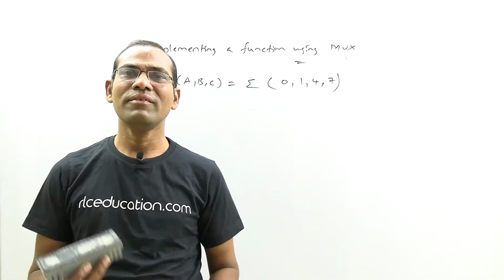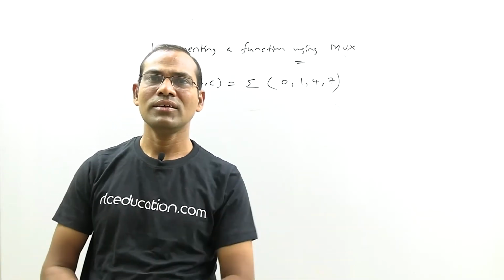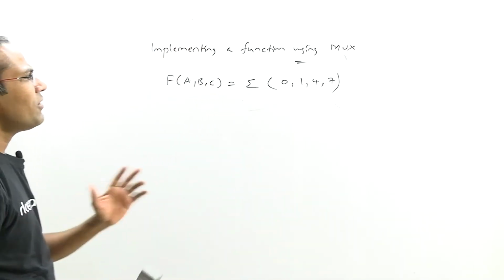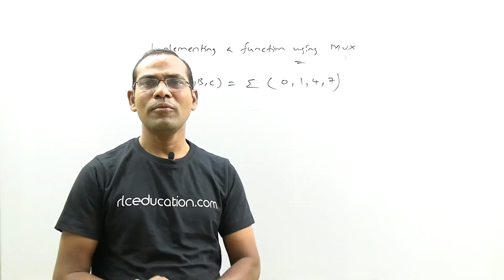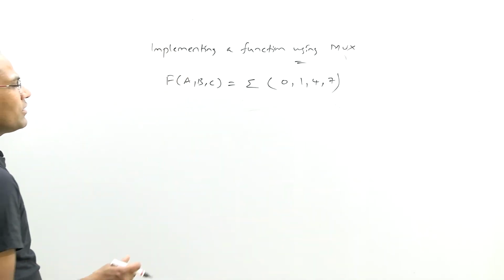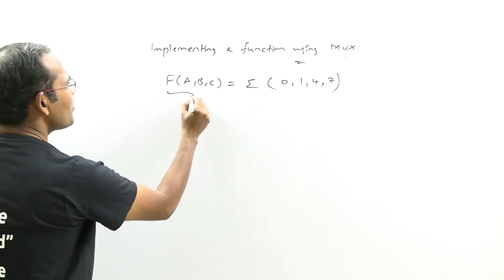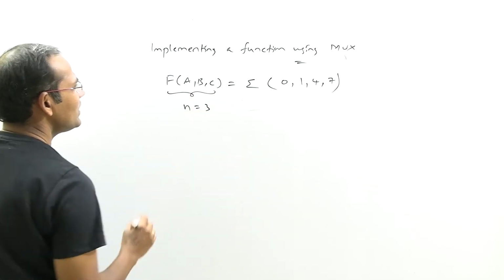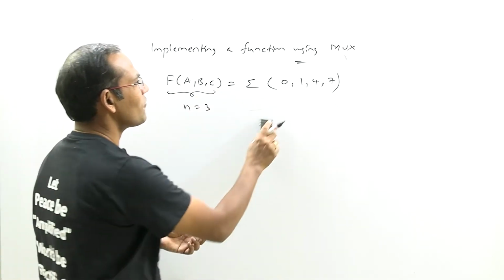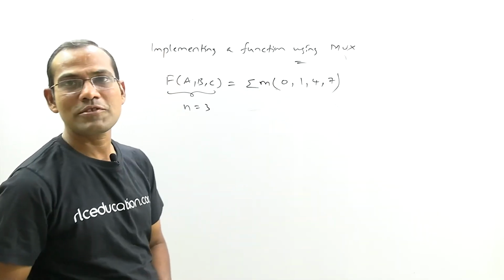This can be implemented with 4 by 1, 8 by 1, 16 by 1, 2 by 1. Here I will tell you the procedure to implement this by using multiplexers. Here the number of variables are 3, A, B, C. So sigma of minterms, sorry, here m is missing. Small m means minterms.